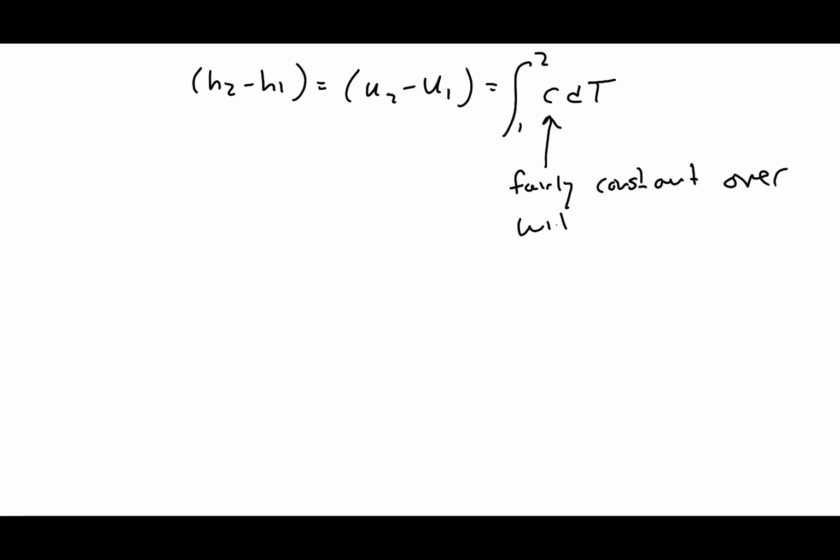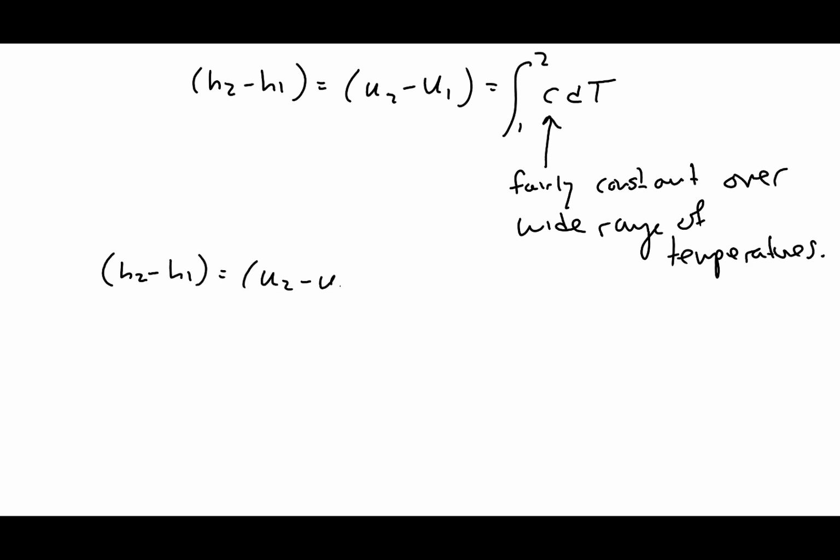Because of that, we can pull it out of the integration. So we get that h2 minus h1 is equal to u2 minus u1, which is equal to C times the integral from state 1 to 2 of dT. So this is just equal to C times (T2 minus T1).